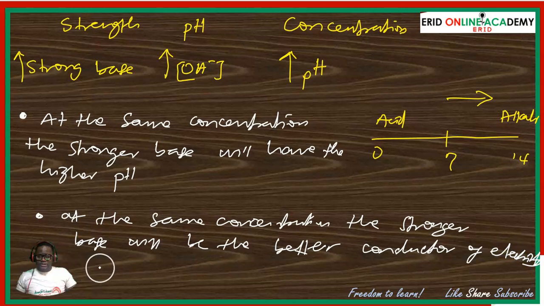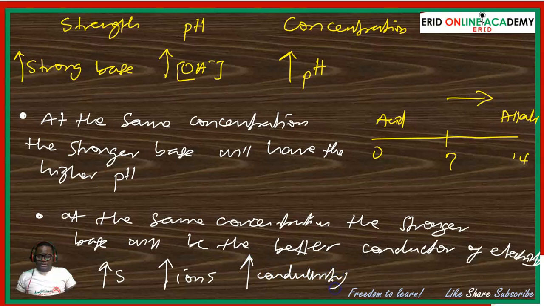A substance is a conductor because it has mobile ions. So if a solution dissociates completely, that means you have more mobile ions. The more the mobile ions, the more the electrical conductivity. So the higher the strength of the base, the more the ions available, and the stronger the conductivity. That is very simple to note.